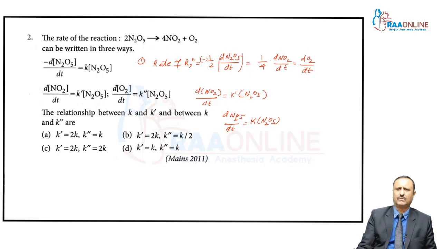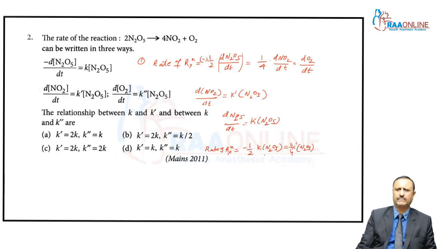Here when you put the rate of reaction, that equals minus half into K[N2O5], and that equals, my dear students, d[NO2]/dt. Here for d[NO2]/dt you can put the K dash, and 1/4 K dash [N2O5].